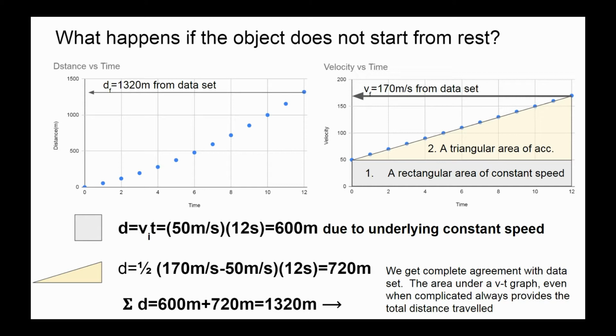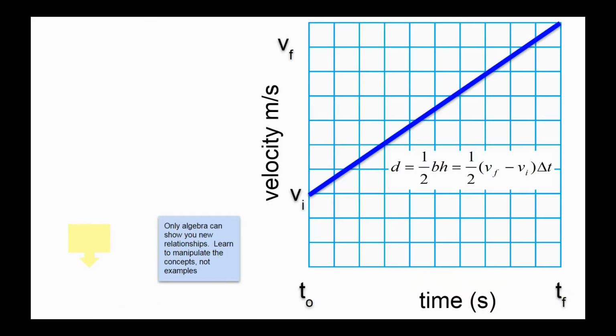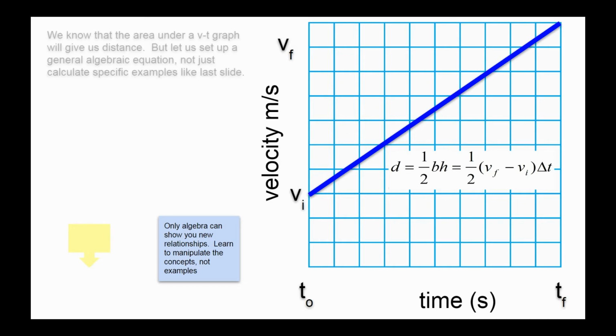Now we just did a specific example. I don't want to do a specific example. I want to look at it without numbers, with letters only. So if this is a speed time graph showing velocity going from some starting speed like 30 and it increases to 50, we're not going to put in numbers. We're going to keep it as algebra only.